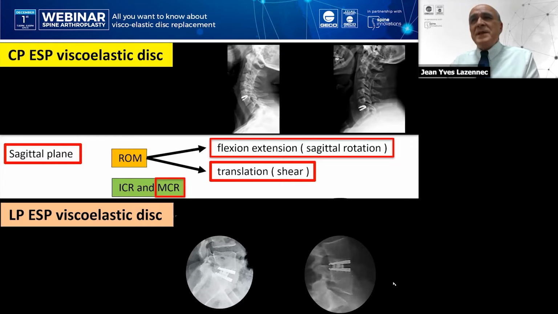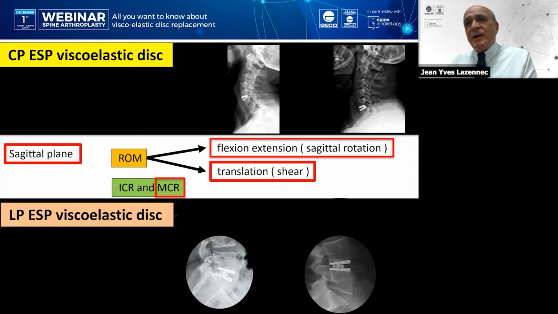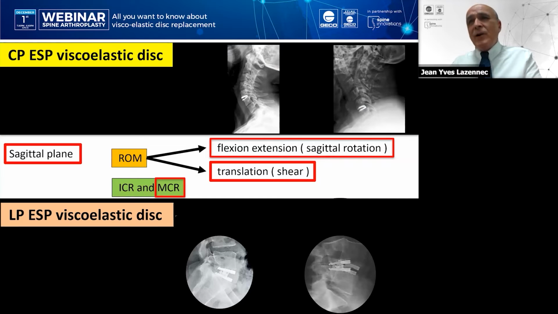But when we speak about cervical and lumbar disc, we have in fact to look at the sagittal plane and to look at the range of motion and the mean center of rotation. What does it mean for range of motion?